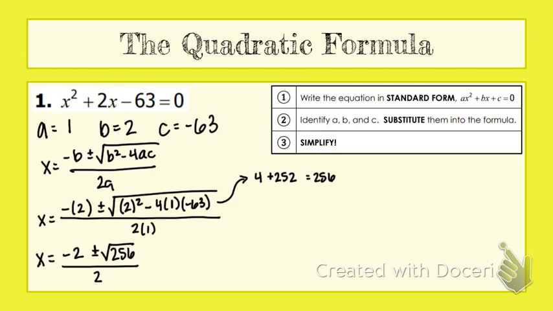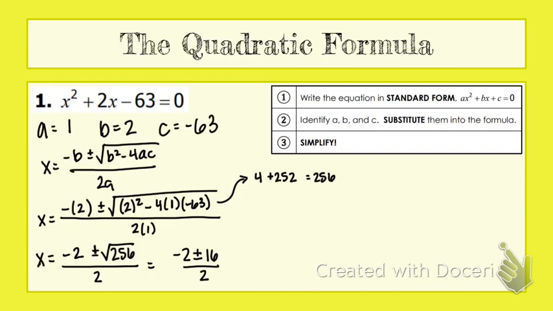So the square root of 256, it's a perfect square. So that means that we are going to have two real solutions. And we get those. So first, let's simplify a little more. Negative 2 plus or minus the square root of 256 is 16, all divided by 2. And you can do this two ways.